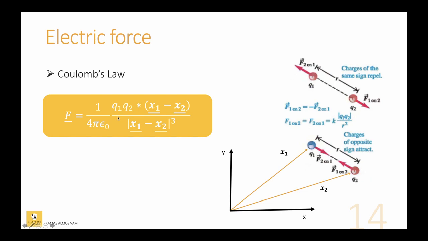And to have it as a vector quantity, I have to multiply with this vector. But then this is too much of this thing, so I will also have to divide with the absolute value of that vector.